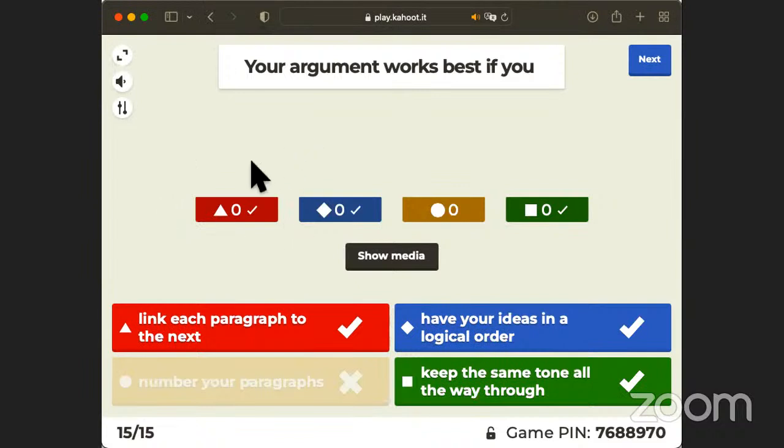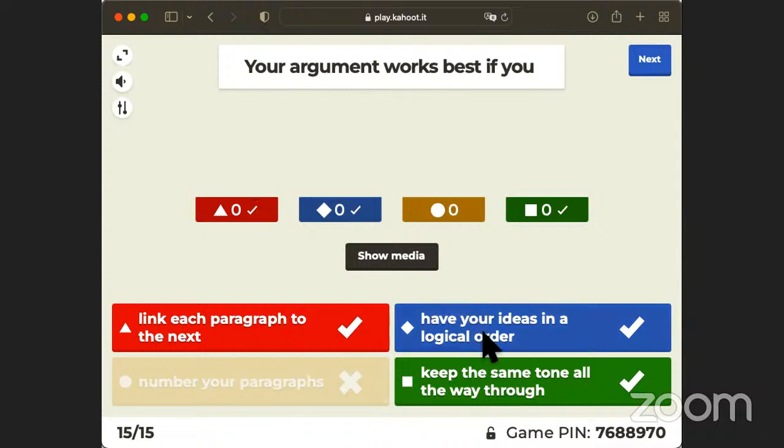All right, and last one, your argument works best if you link each paragraph to the next. Link each paragraph to the next. That means that you should always try to follow a connection between all the ideas. Obviously, everything is talking about the same topic, but you should try to create that connection.